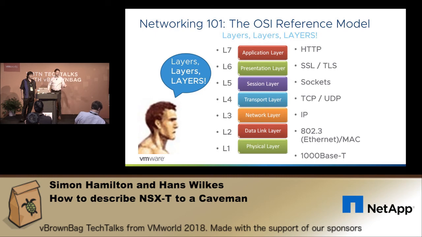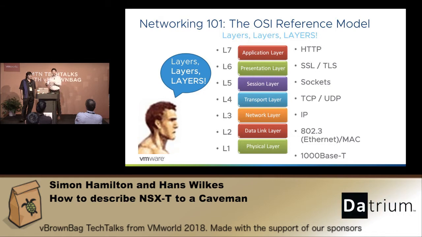So ATM LANE in the 90s was one way of making a cell switching fabric look like a yellow hose. And now we're doing NSX and other overlay networks, and we're having to do the same thing, where we have to deal with broadcast and unknown traffic. We have to somehow emulate that old yellow cable so that the Ethernet protocol and ARP and other broadcast-based protocols still function, because otherwise they wouldn't.